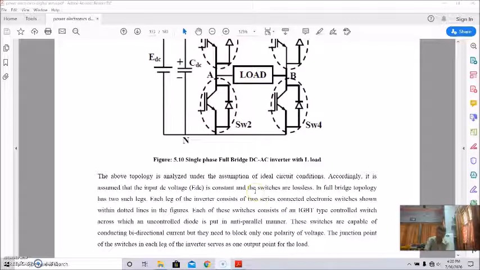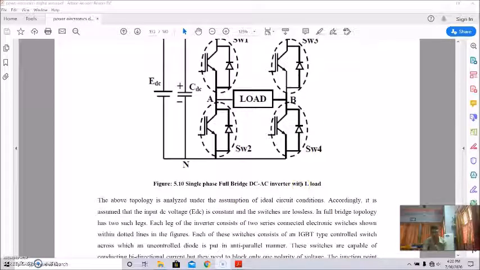I am telling you once again, for this inductive load the sequence of operation will be like this. If you start with S1, S2, then diodes D3, D4, then again S3, S4, then D1, D2, then S1, S2, then D3, D4, then S3, S4, then again D1, D2, and so on.